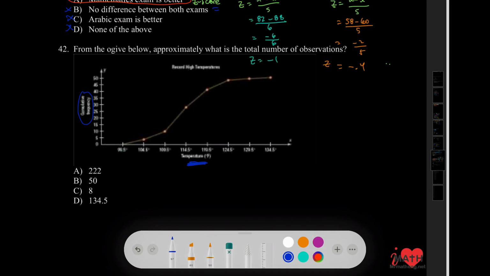So if you come over here, the total number is this number right there. So for number 42, my answer is 50. There's 50 days in which they recorded the highest temperatures, and that's crazy to be that hot.